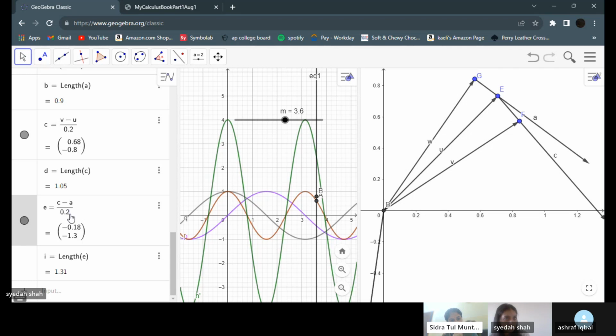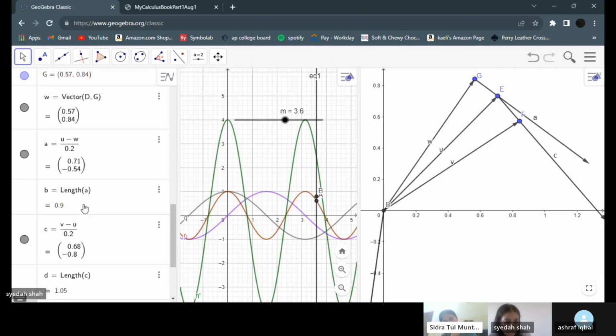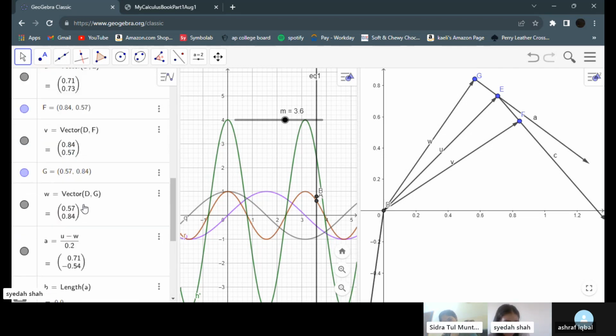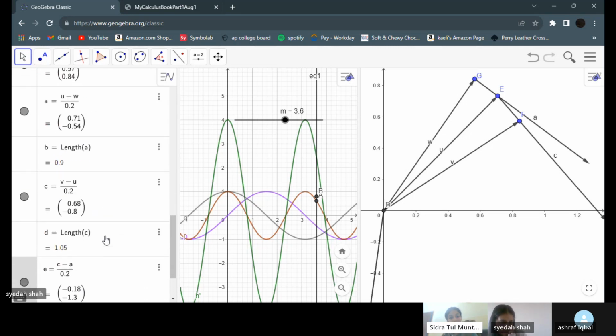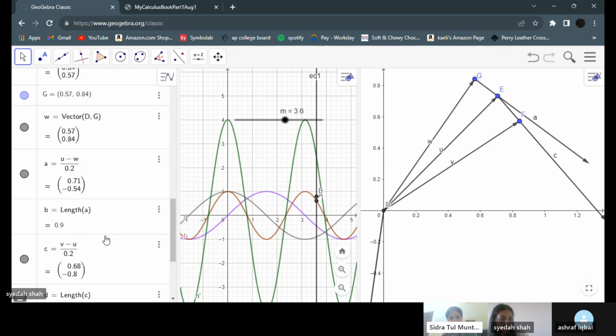You are not supposed to change it. 0.2 is the same, I was correct. I was actually telling you that 0.2 is a very small number, so the system becomes very sensitive when it comes to vectors.